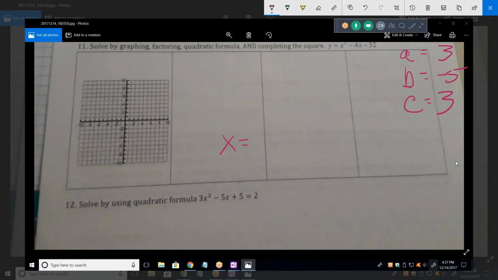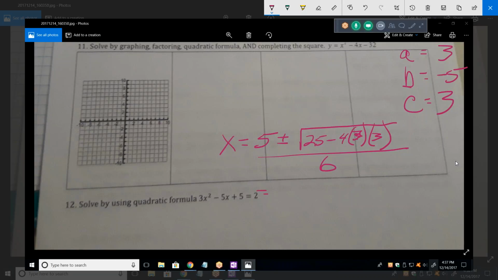x equals 5 plus or minus the square root of 25 minus 4 times 3 times 3, all over 6. So 9 times 4 is 36.